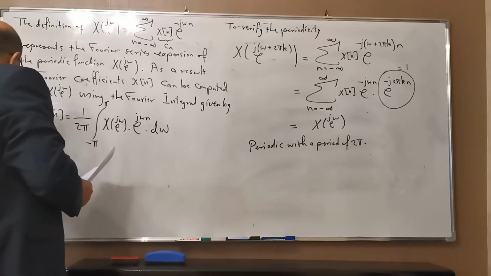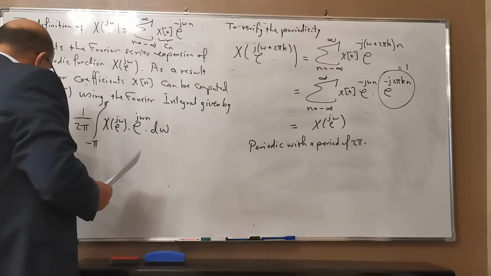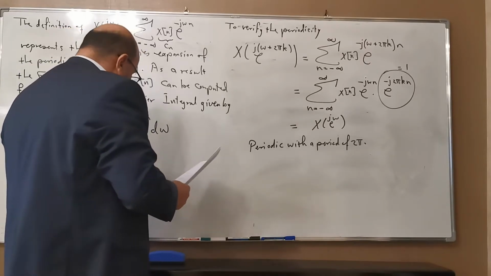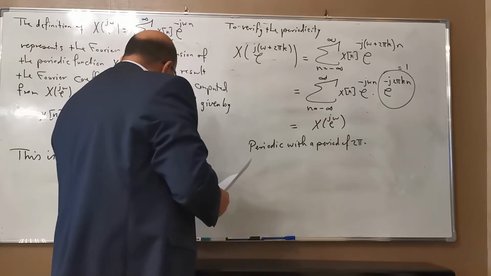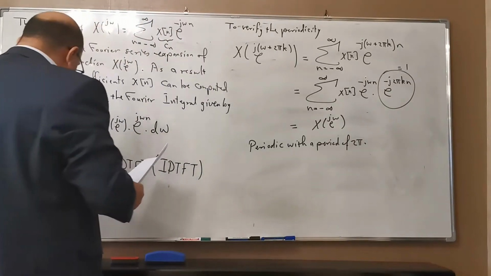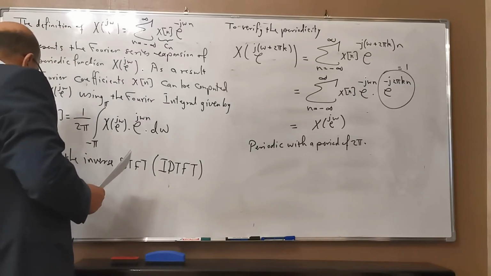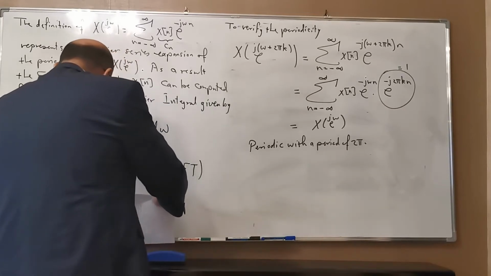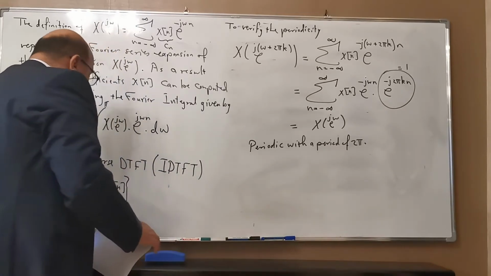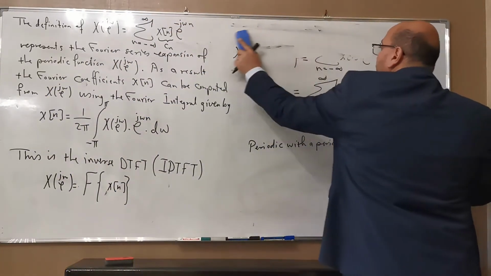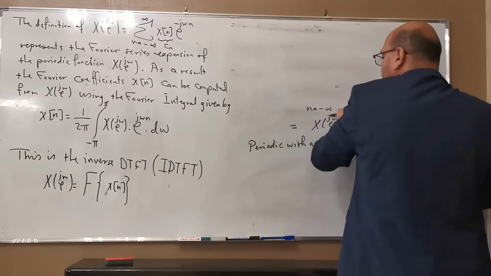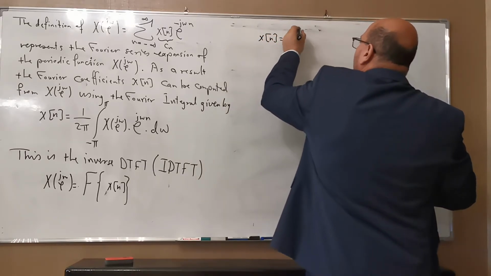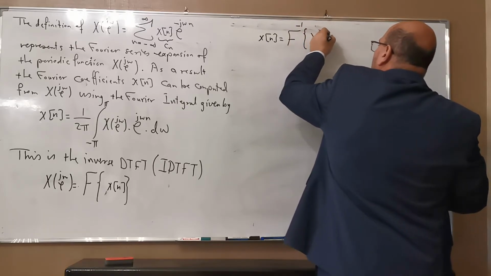So this is the inverse DTFT, or IDTFT. So we can say that X(e^{jω}) equals the Fourier transform of x[n], or we can say also, for the inverse, that x[n] is equal to F inverse of X(e^{jω}).